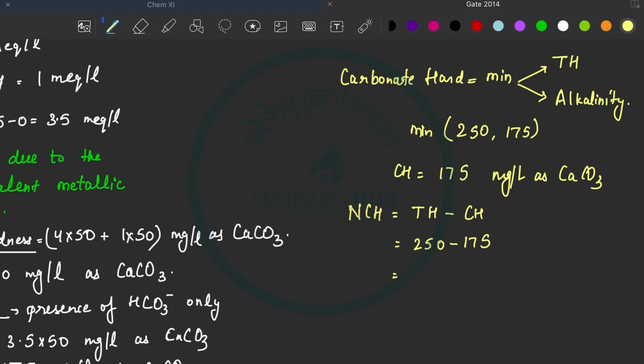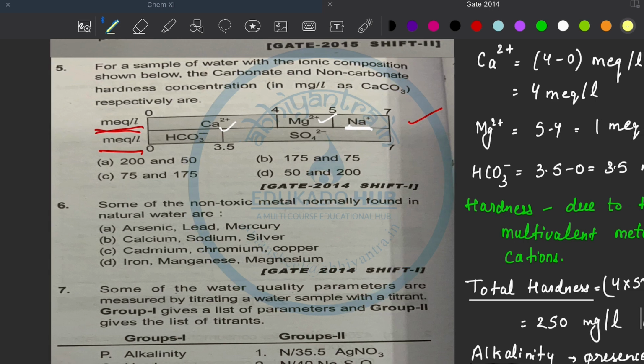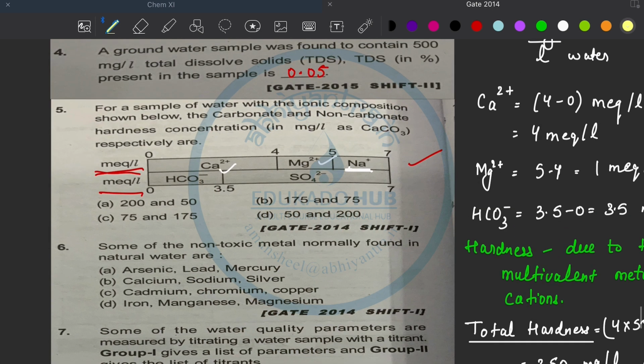It comes as 75 milligram per liter as CaCO3. So the answer should be carbonate hardness 175, non-carbonate hardness 75. Is there any option like this? So the carbonate hardness is 175 and non-carbonate hardness is 75. Option B is the answer.